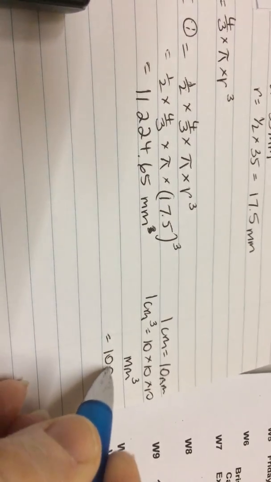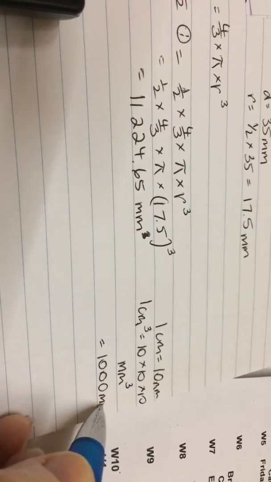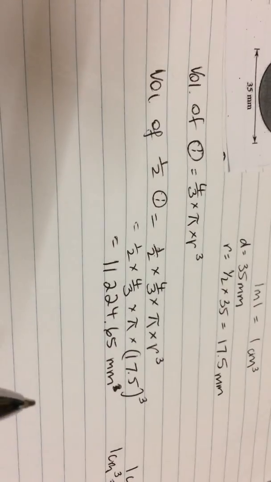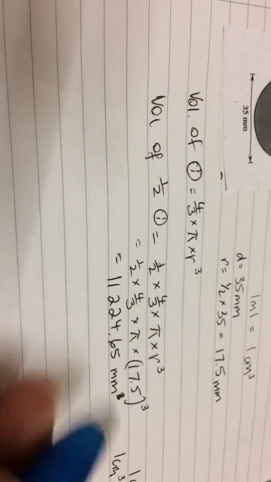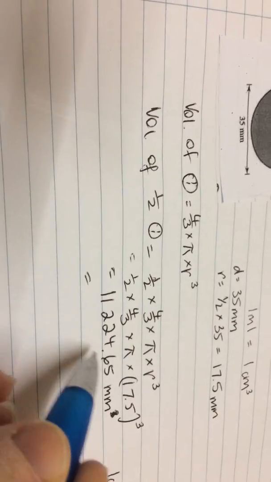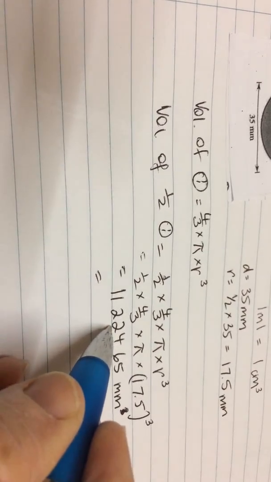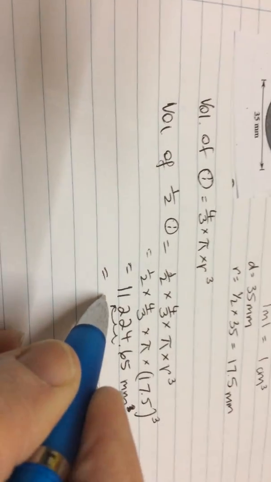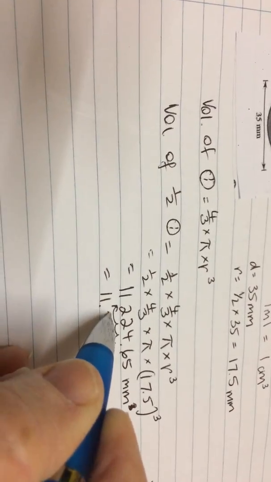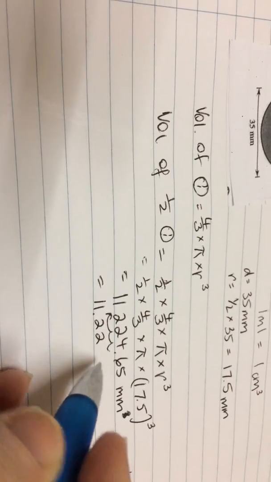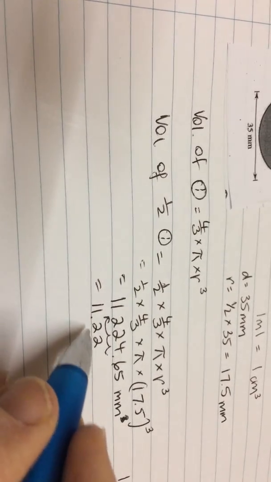So actually 1 centimetre cubed is equal to 1,000 millimetres cubed. So when I come over here, I actually want to divide this by 1,000, so I will just move my decimal place 1, 2, 3 places back there, and I get 11.22. I'm still going to stick with the 2 decimal places only, so I'm rounding it off a little here.